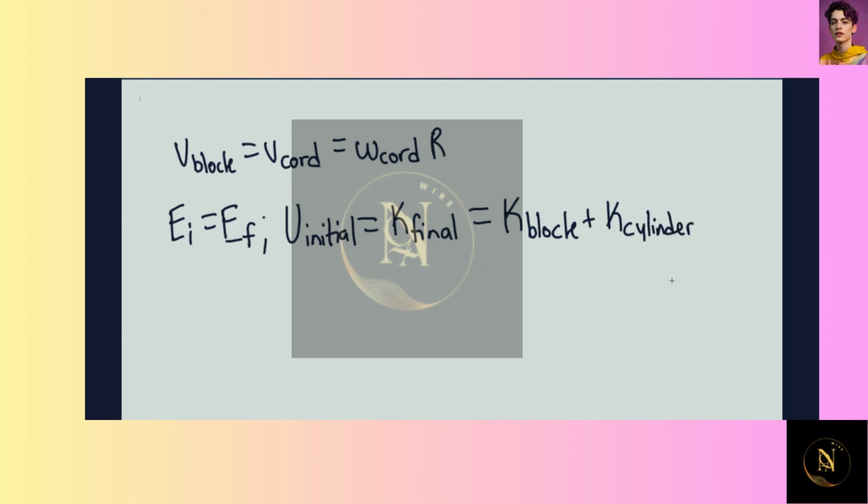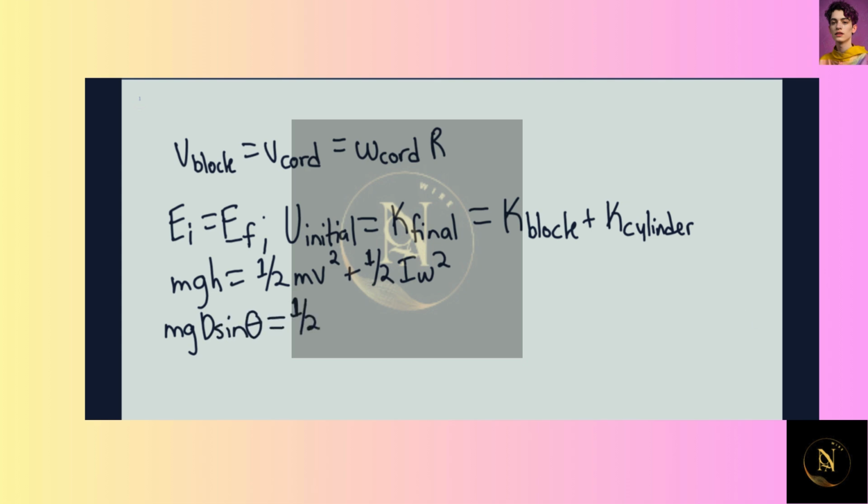So we can say mgh equals 1/2 mv squared plus 1/2 I omega squared. And we can say mgd sine theta equals 1/2 mv squared plus 1/2 times 1/2 capital M r squared, where capital M is the mass of the cylinder.